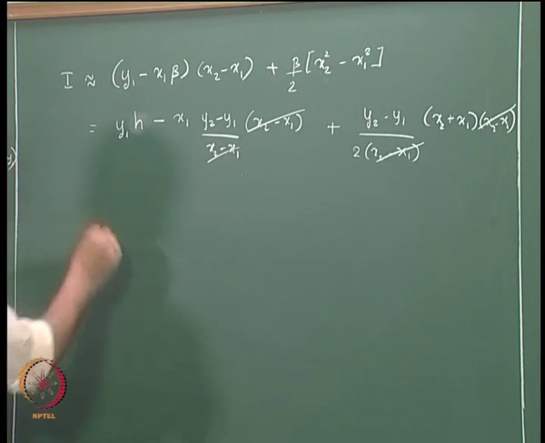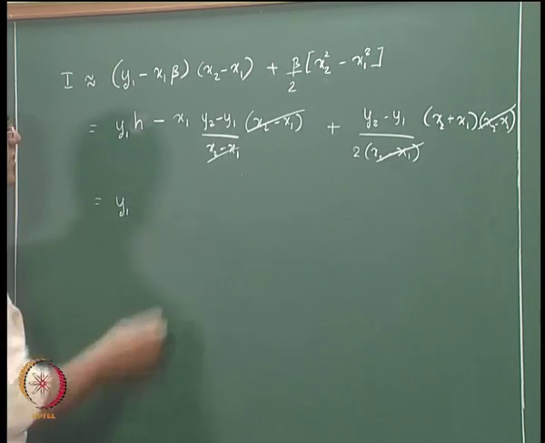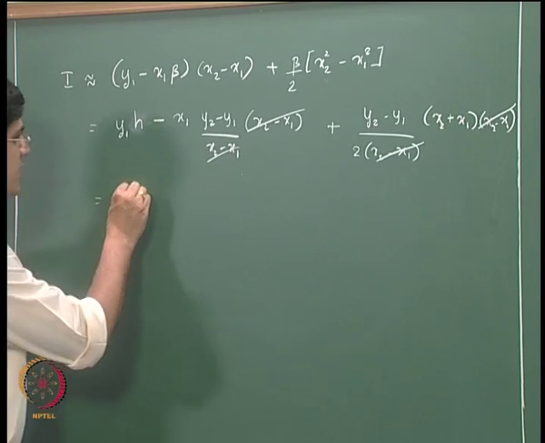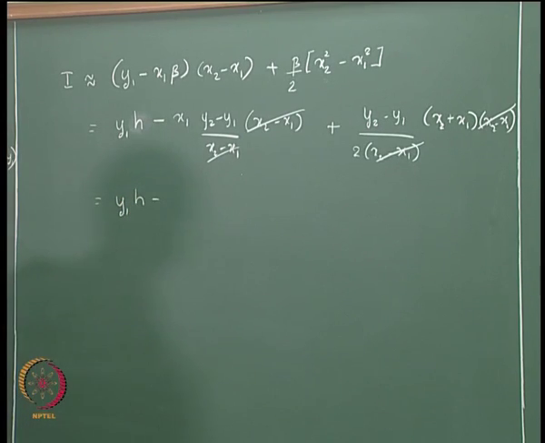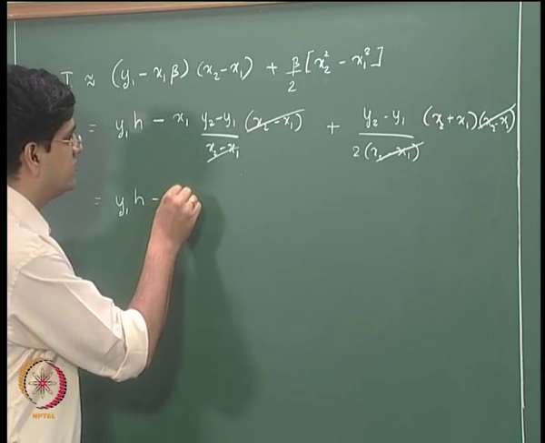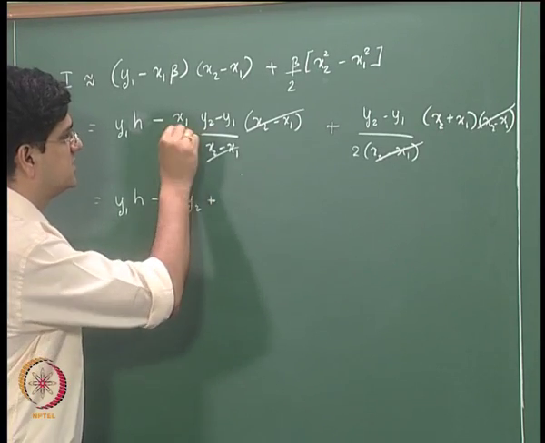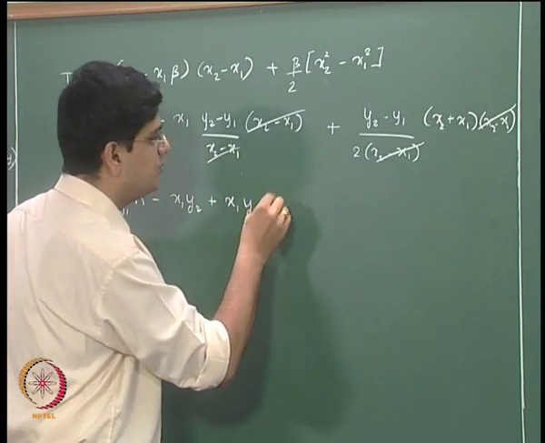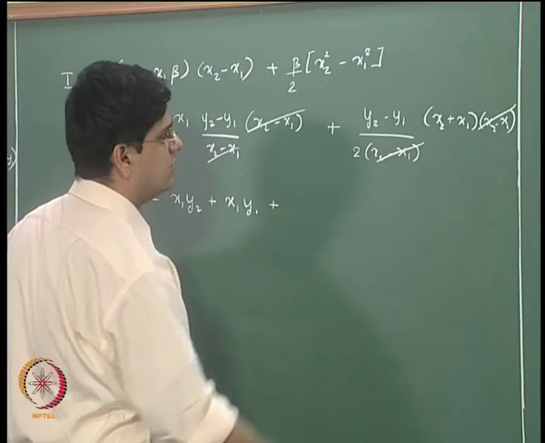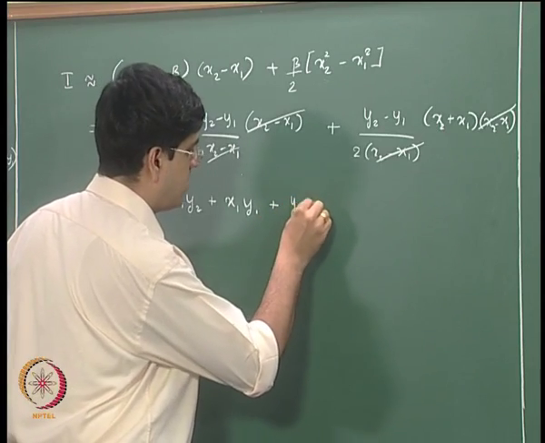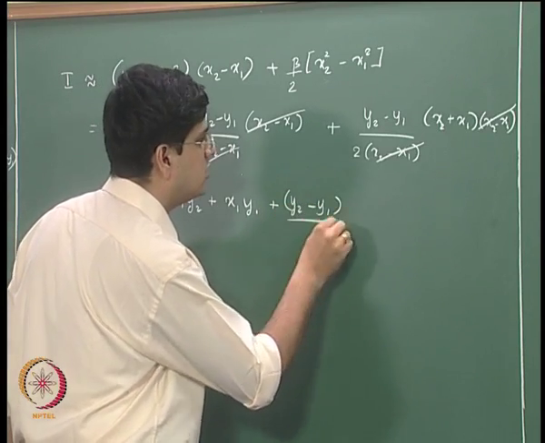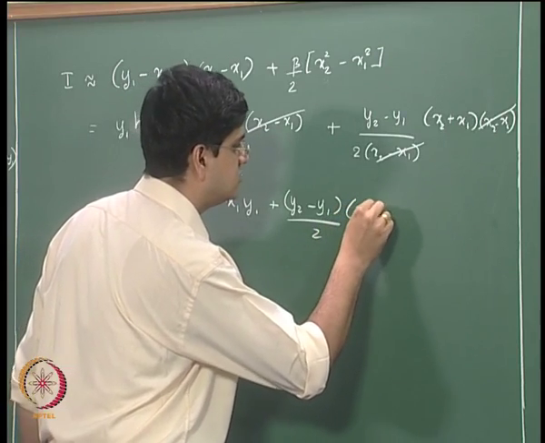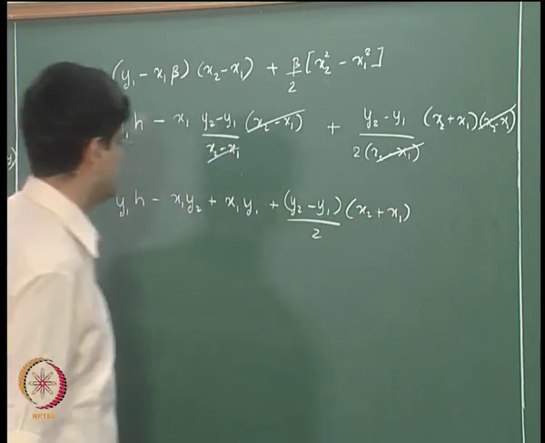Okay, so we have y1 multiplied by h minus x1 y2 plus x1 y1 plus (y2 minus y1) divided by 2 multiplied by (x2 plus x1).